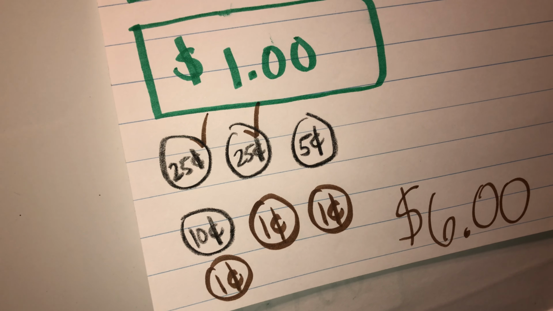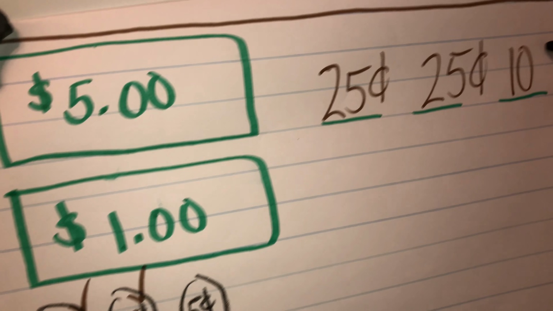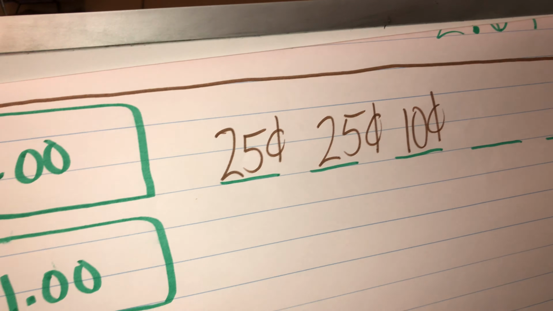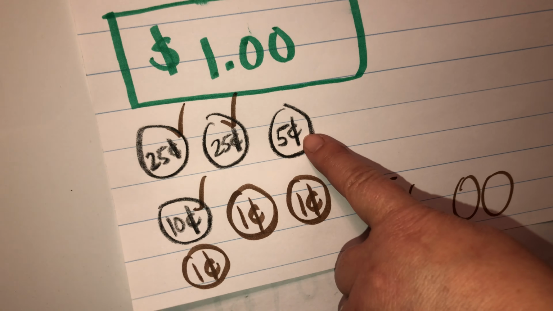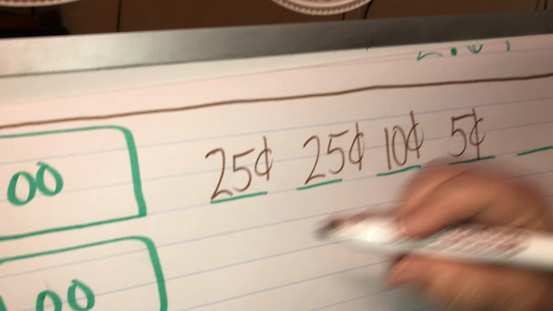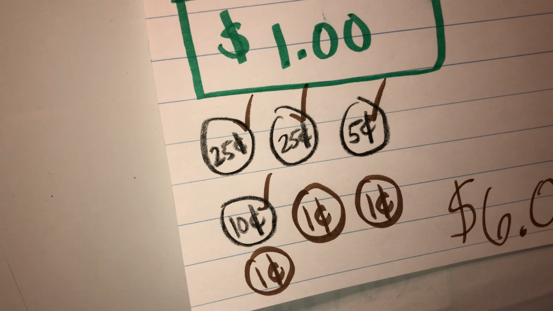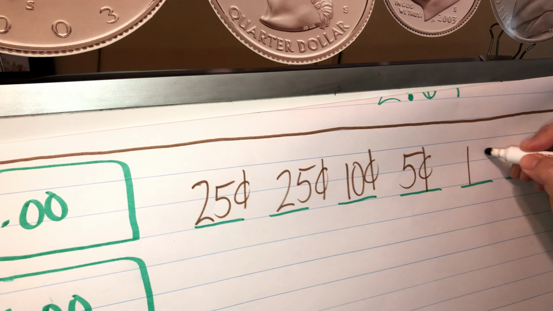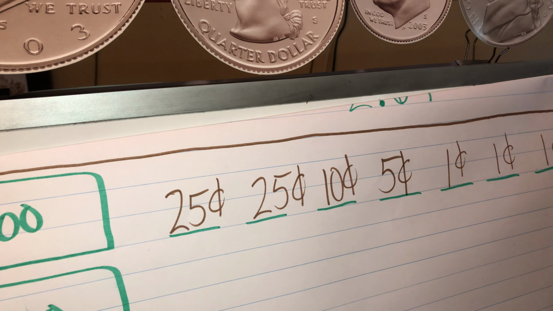And I notice that I only have 1 dime. So I write 10 cents up there. And I notice that I only have 1 nickel. So I write 5 cents up here once. And I have 1, 2, 3 pennies. So I write 1 cent up here 3 times.